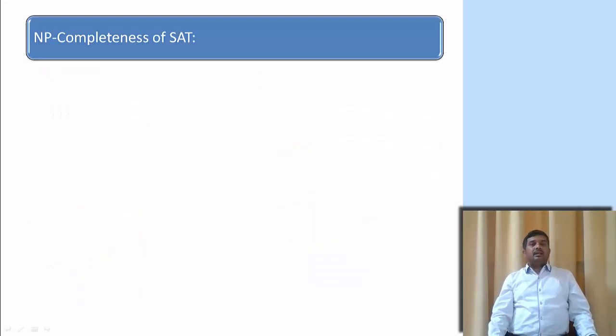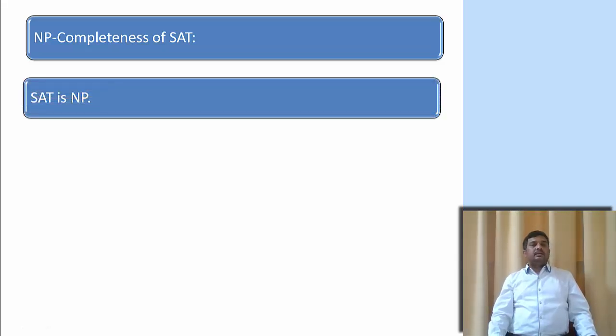So now let us see the NP-completeness of the SAT problem. Now we know that SAT is in NP. Why is SAT in NP? Satisfiability problem: if a formula is given, for which combination of the inputs does the output become 1? If there are 4 variables in a function and we want to generate the truth table of it, then 2 to the power 4, 16 rows will be there.